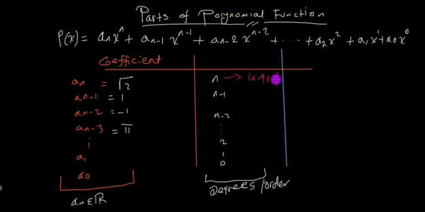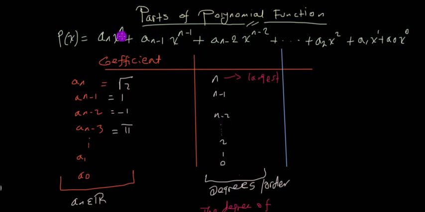In the expression, n is called the leading degree, the degree of the polynomial. We have only one degree of the polynomial, but many degrees of terms. When we talk about the degree of a polynomial function, we are not talking about the degrees of each term. Those are the degrees of each term, but the degree of the polynomial function, the degree of p of x, is n.